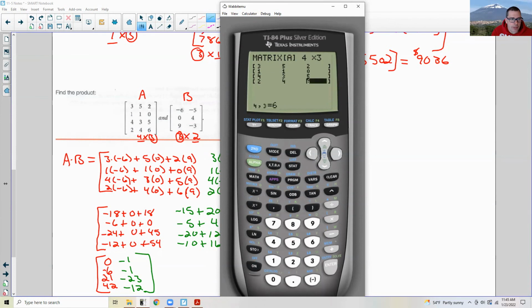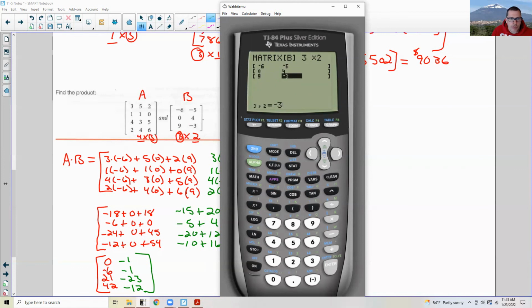Okay, so this is matrix A. Go back to matrices, arrow over to edit, down to B, enter, and this is a 3 by 2. Whoops, delete, arrow over here, 2, enter, and it's -6, -5, 0, 4, 9, -3.